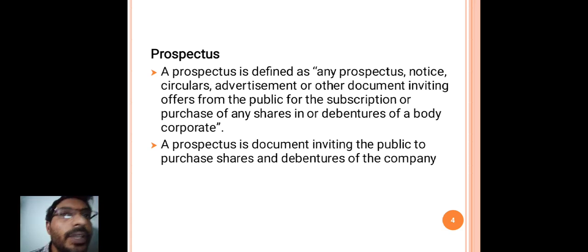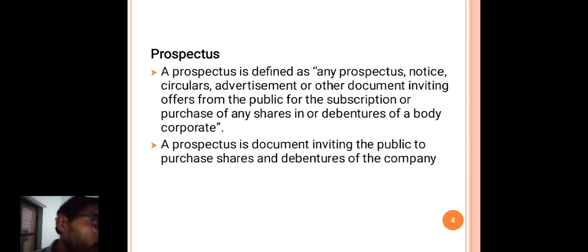So here we have to remember the important points; I will give you a summary of this class. The important points are the prospectus, the contents of the prospectus, and the statement in lieu of prospectus.